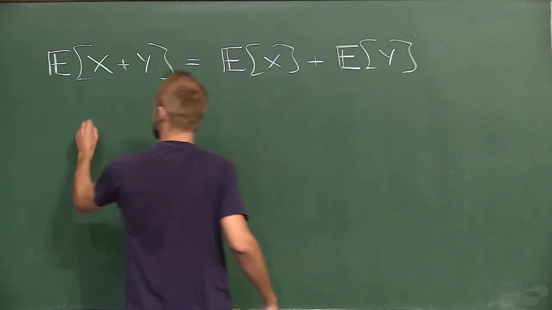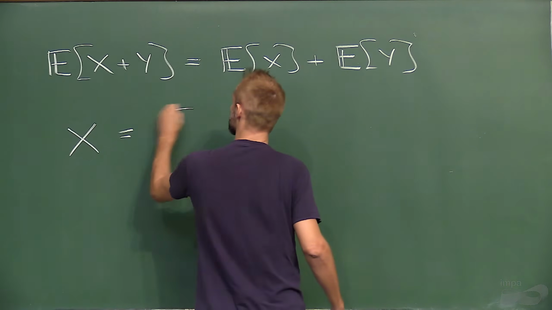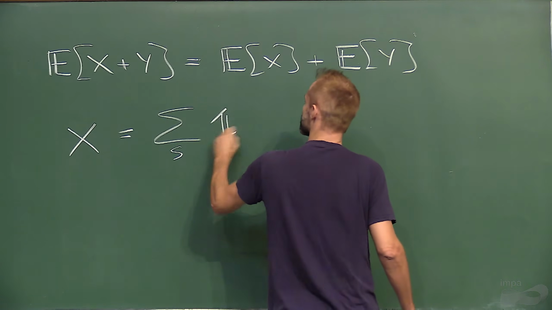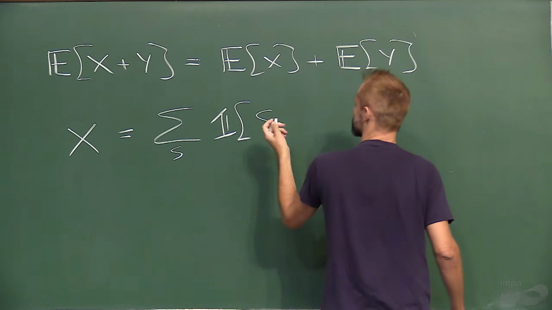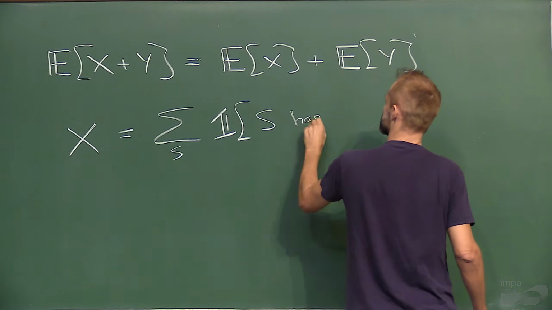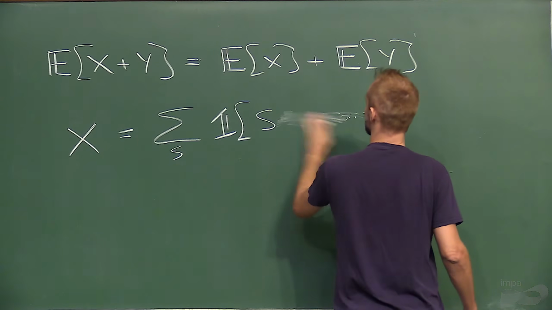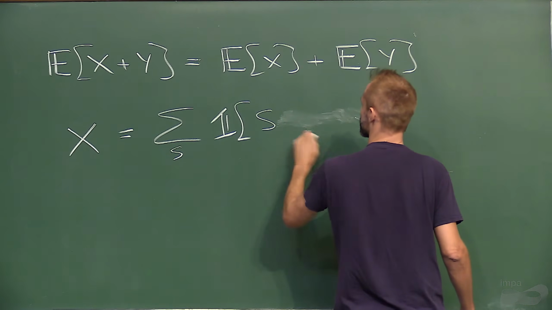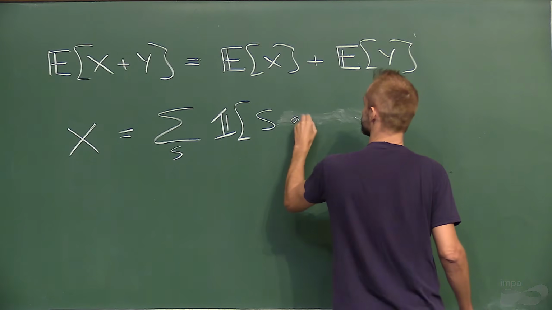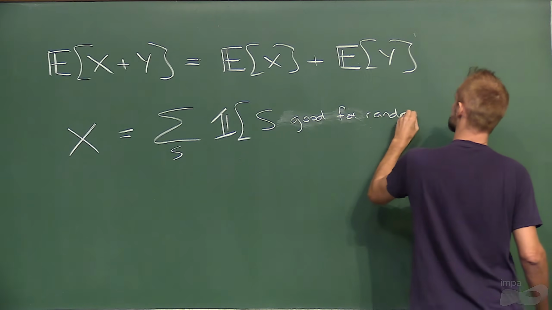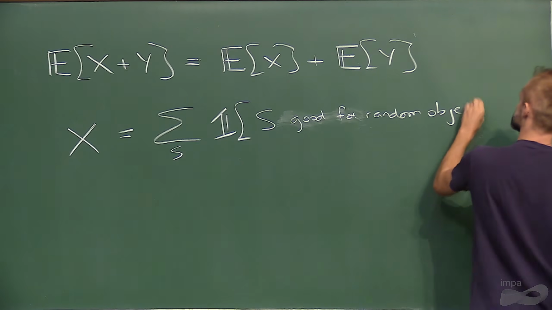Because all of our x's were like the sums over some possible s's of the indicator that s has some random property. So s is in our random set, or s is good for the random object.